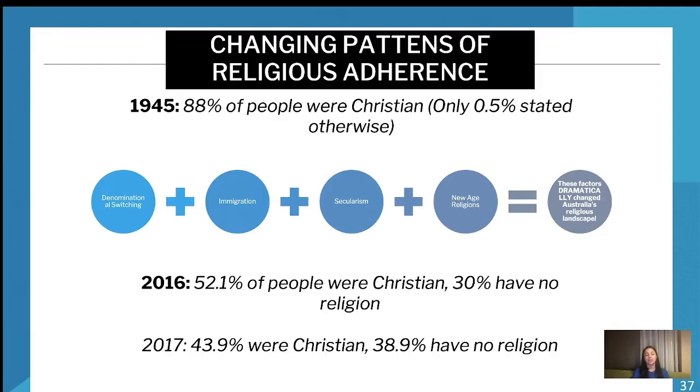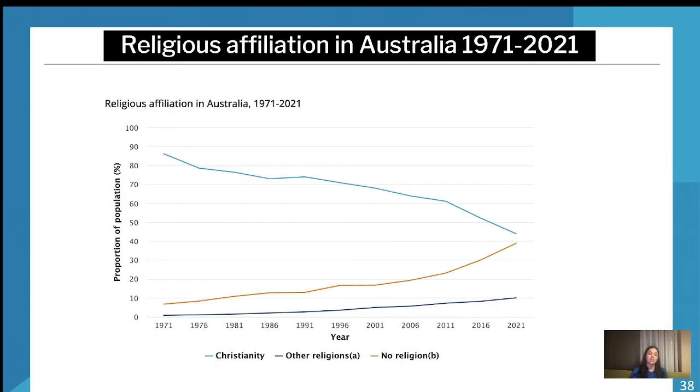The recent census data had 43.9% for Christianity and 38.9% having no religion. So when you look at why this has happened and what dramatically changed Australia's religious landscape, it comes down to denominational switching, immigration, secularism, and New Age religions. Secularism is a very big one though, and I really recommend knowing it in quite some detail.